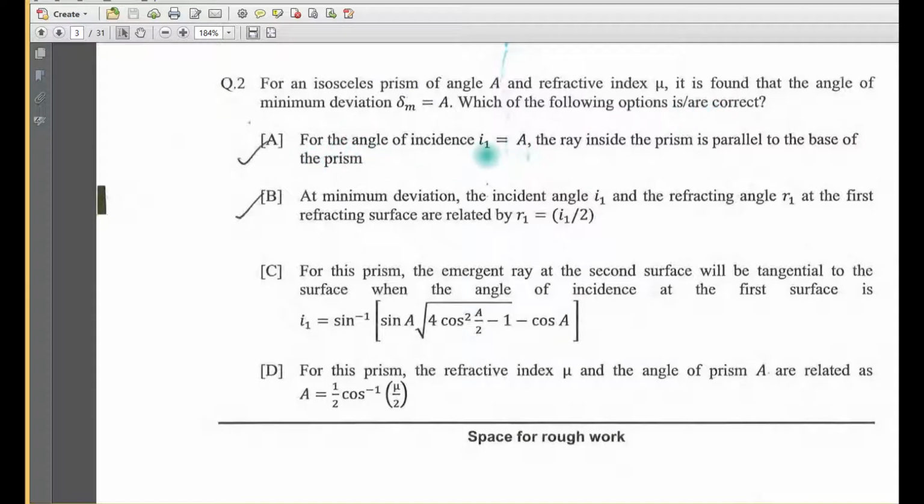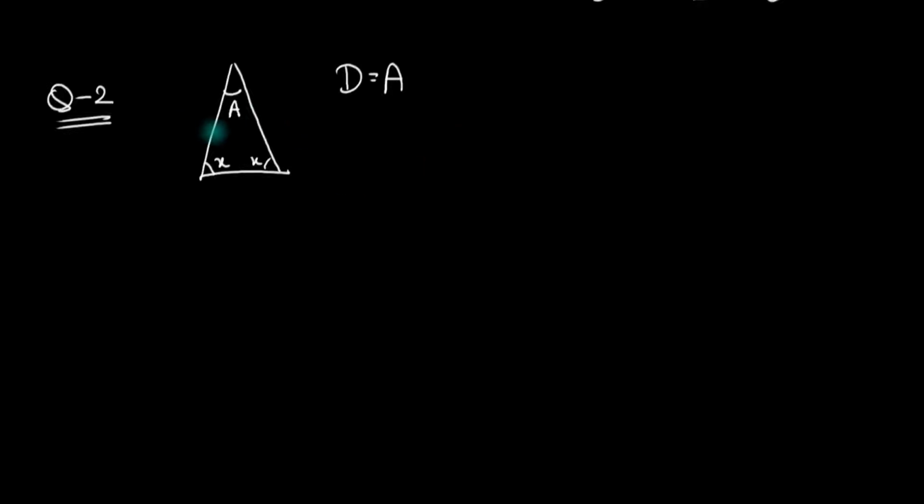For the angle of incidence I1 equals A, the ray inside the prism is parallel to the base of the prism. So here is the ray of light, and we want the ray of light to be parallel to the base of the prism. And that only happens when we are at minimum deviation. So I need to calculate the angle of incidence for which minimum deviation happens.